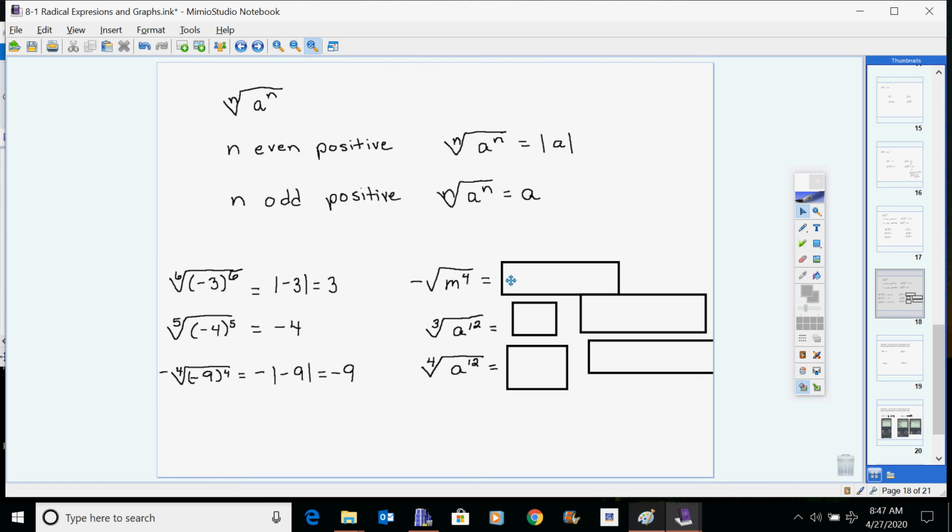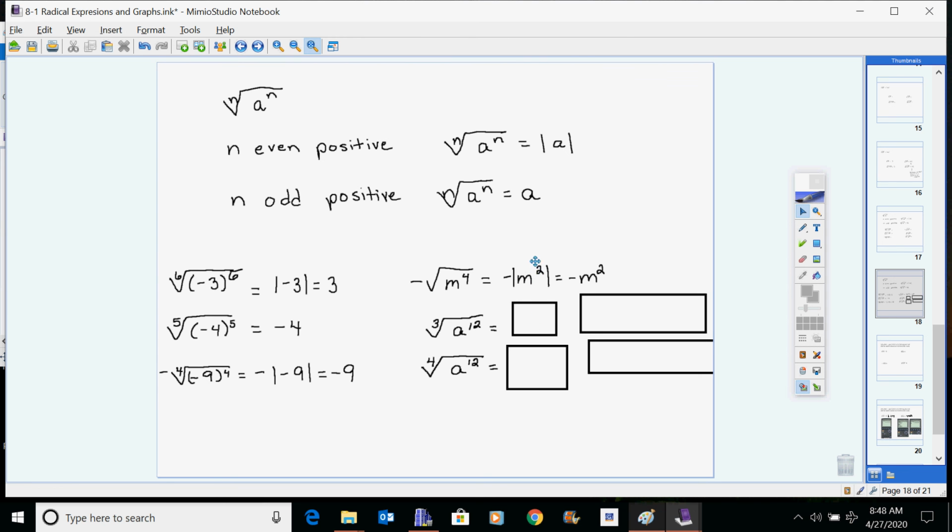Now this one has a nice little trick to it, that if you have an index and you have a power, you can take the power divided by the index, and that'll give you your new number. It's because m squared times m squared, so you're square rooting that, that gives you m squared. It's the absolute value. But here's the thing, because it's an even power, even if this was a negative, it would turn it positive anyway, so the absolute value bars are not needed.